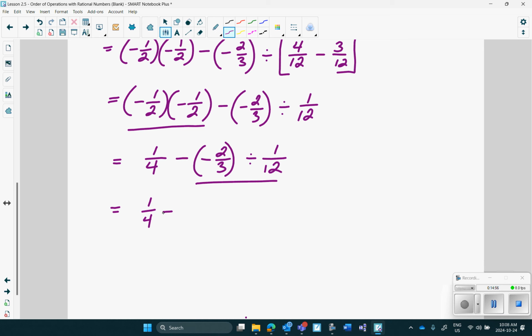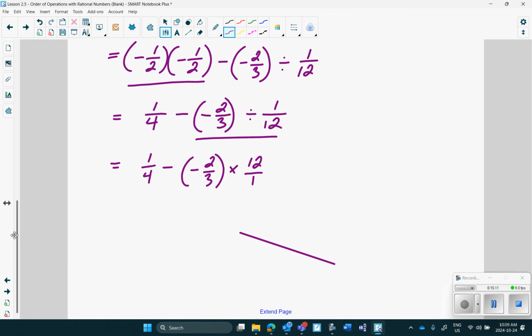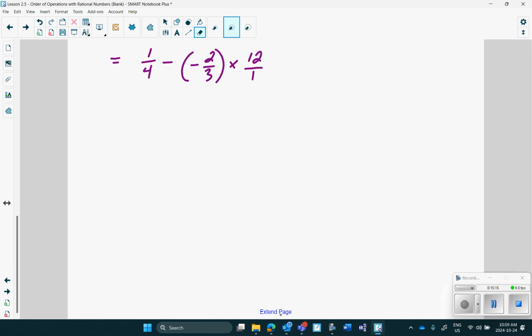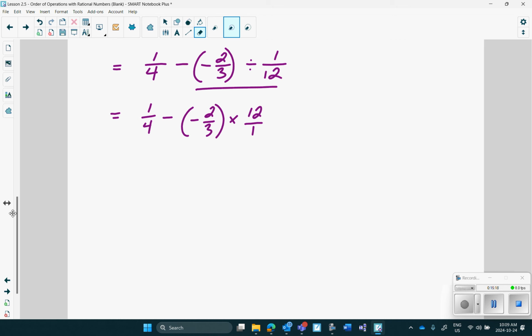What's next? Division. So I'm not touching the 1 over 4 minus. I have to change this to multiplication. So it'd be times 12 over 1. If I reduce, 3 and 12 can go to 1 and 4.